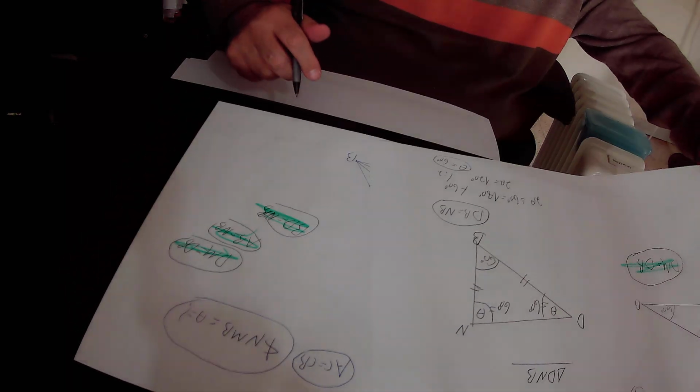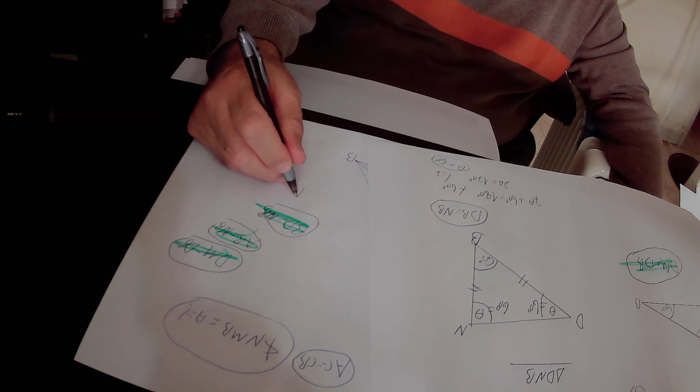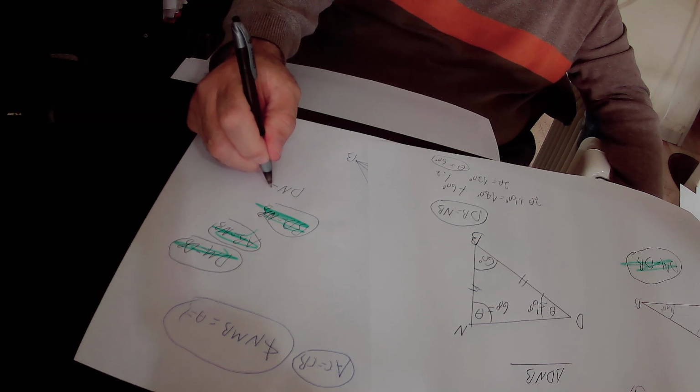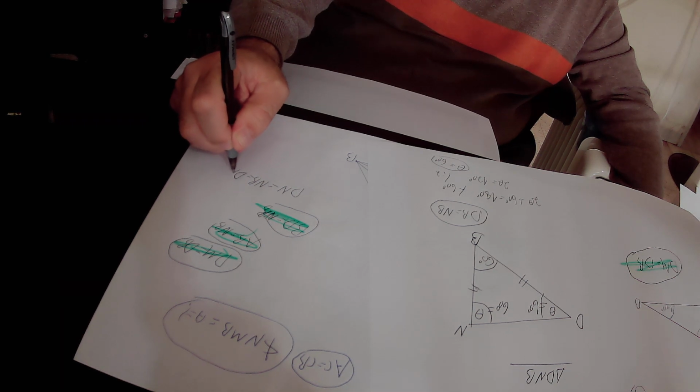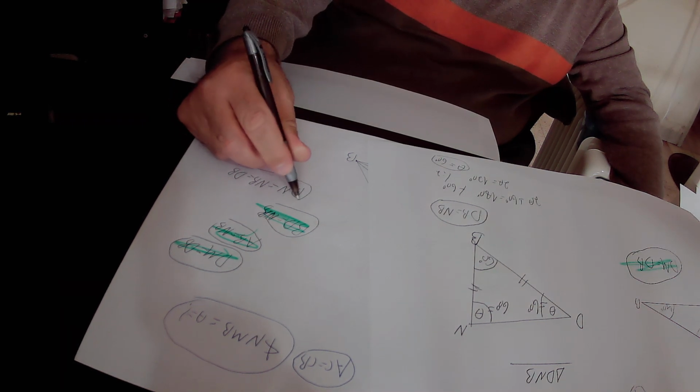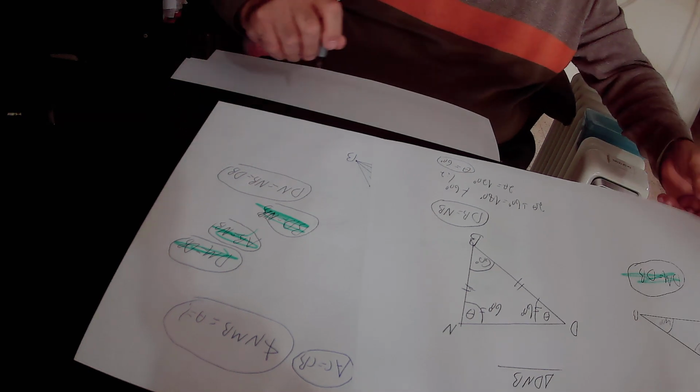So I write it down here: DN equals NB equals DB.